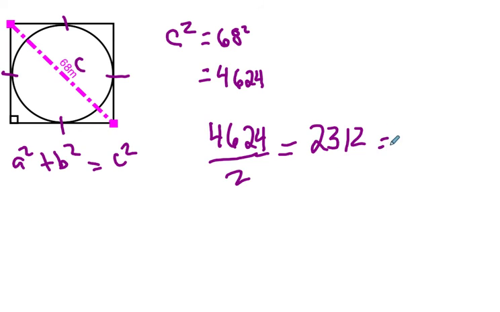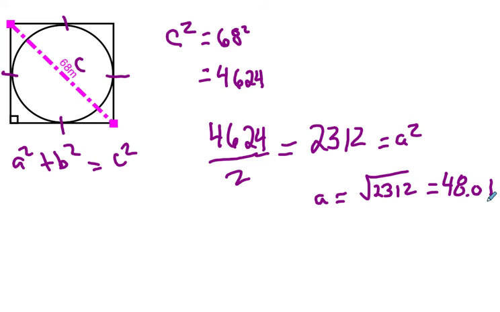And that, of course, is my a squared value, which means a is going to be the square root of 2,312, which is 48.1.